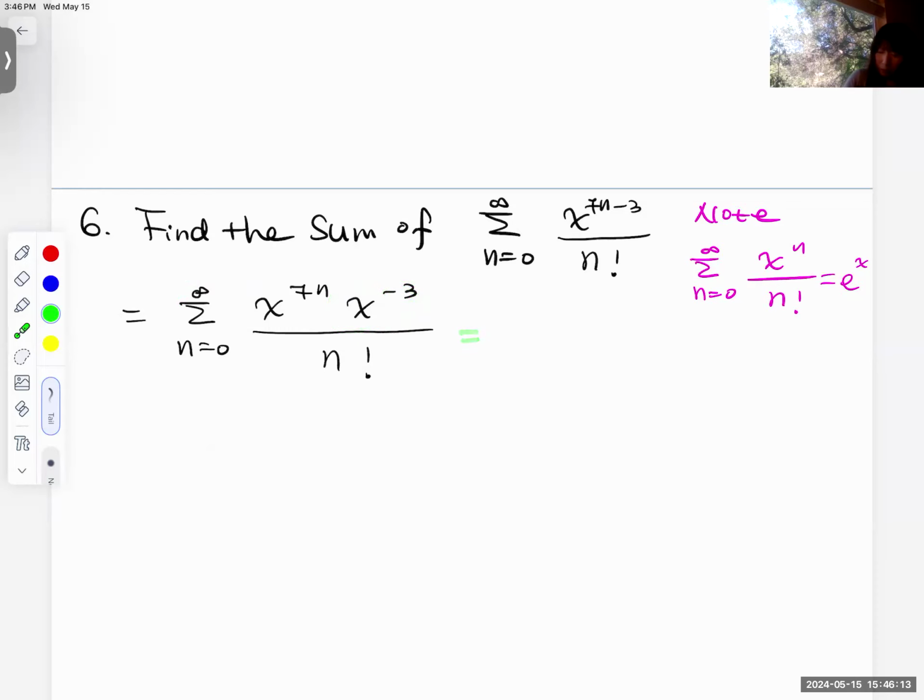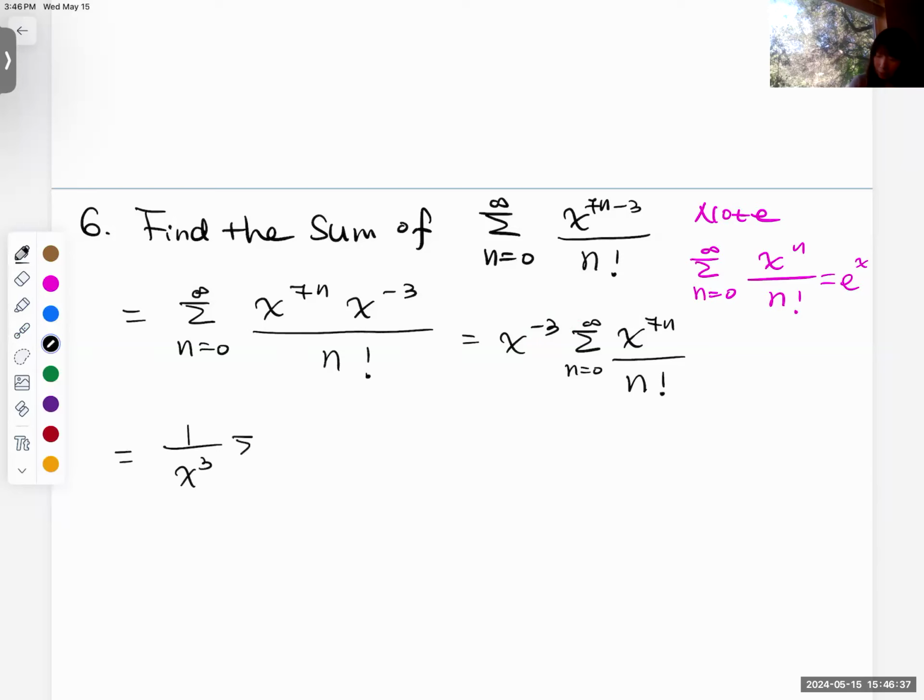So that will be x to the negative 3 times the series of x to the 7n over n factorial. Okay, so x to the negative 3 means 1 over x to the third, right? Okay, so x to the 7n we can express as x to the 7 to the n power.